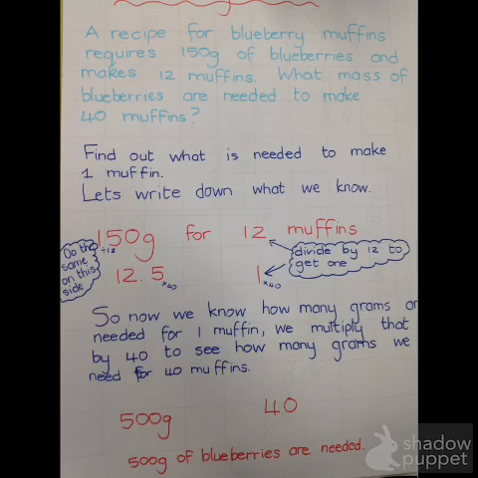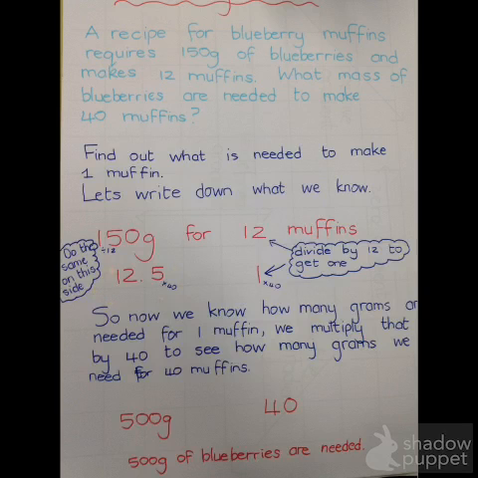So we say to ourselves, what did we do to that 12 to get that one? And here I've written in the little cloud, we divided it by 12. So what you do to this side, you have to do to that side. So we do the same on this side, and we take 150, we divide by 12 there, and we get 12.5. So now we know that to make one muffin, we need 12.5 grams of blueberries.